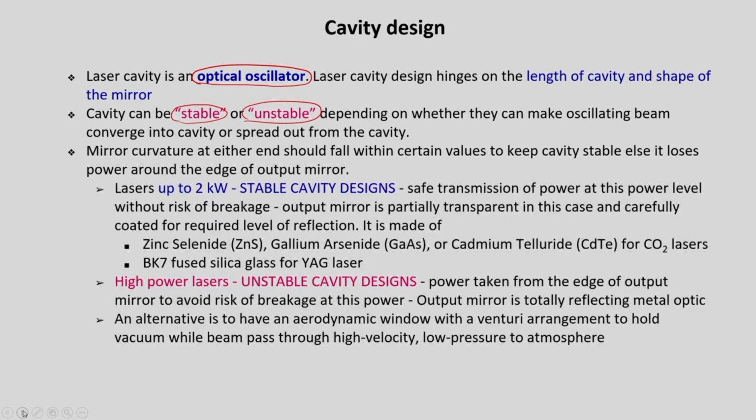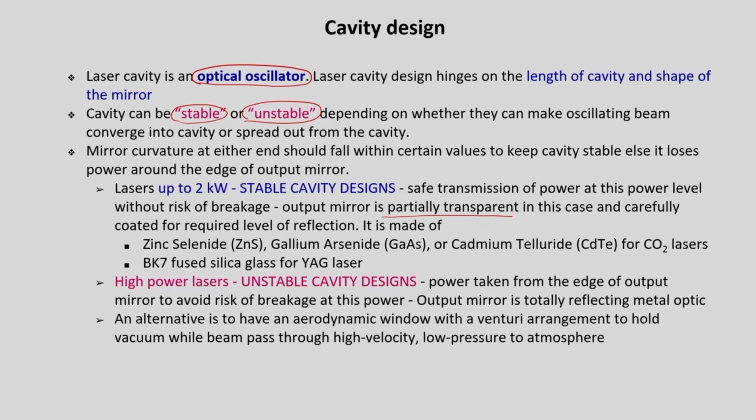The lasers up to 2 kilowatt are called stable cavity designs, and they provide safe transmission of power at this power level without risk of breakage. So, whatever photons are oscillating or reflecting will not harm the mirrors, and the output mirror is partially transparent, the way we have seen in our previous discussion.